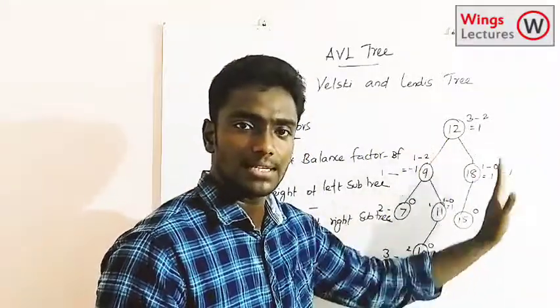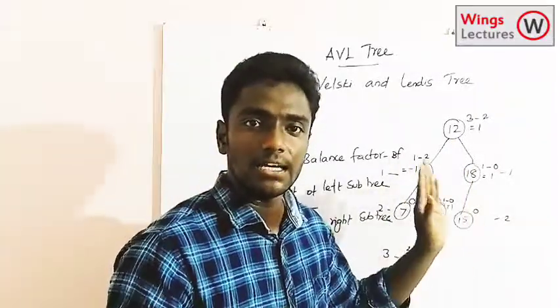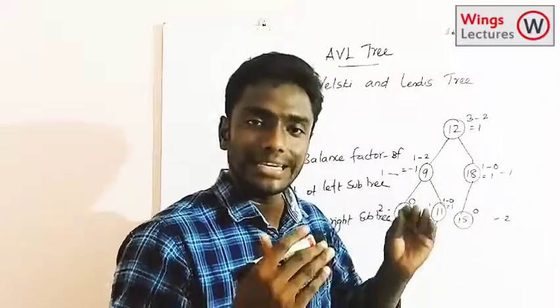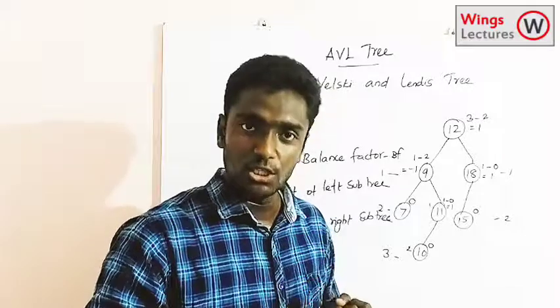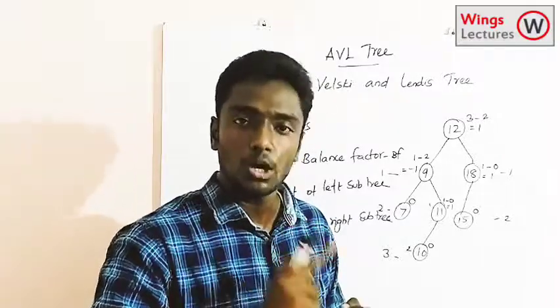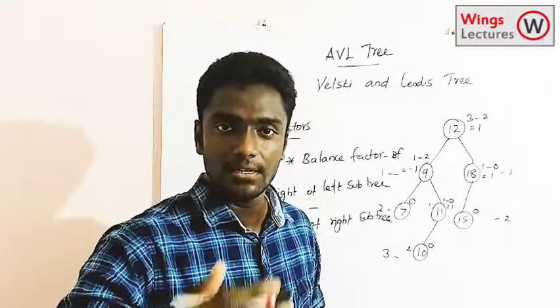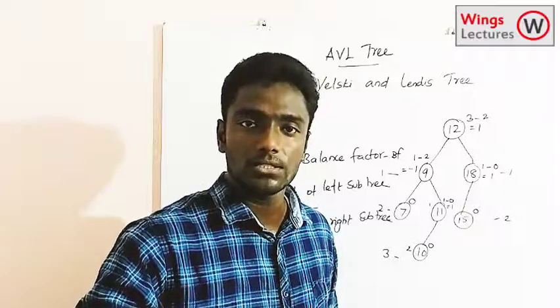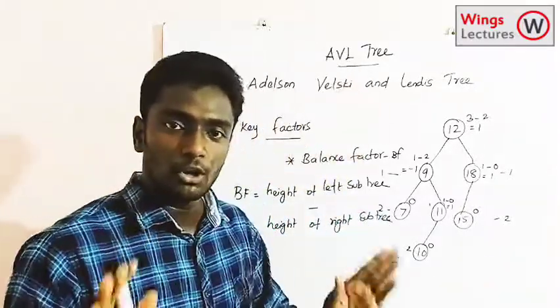I call this tree an AVL tree because the balance factor does not exceed minus 1, 0, 1. It cannot be 2 or minus 2, 3 or minus 3, like that. I hope you got the point.